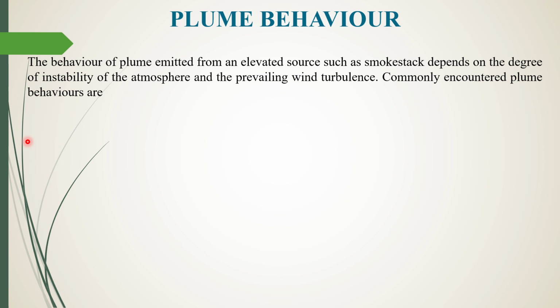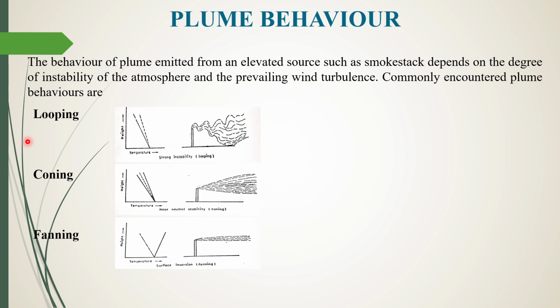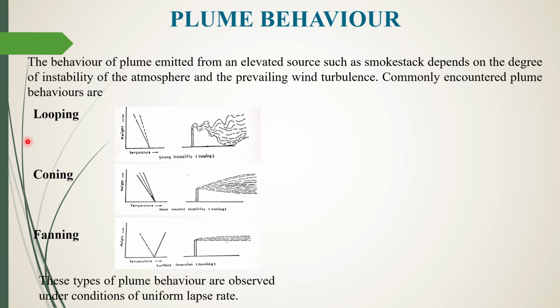The commonly encountered plume behaviors are looping, coning, and fanning, and they are observed under conditions of uniform lapse rate. You can see here for looping, this is a strong instability, and coning is near neutral stability, and fanning is obviously strong inversion.